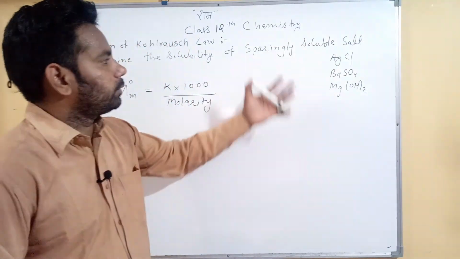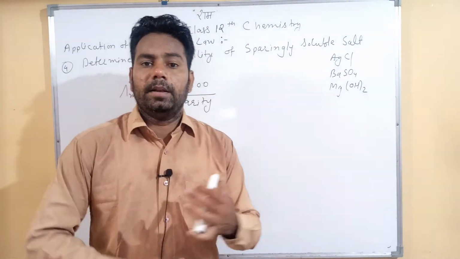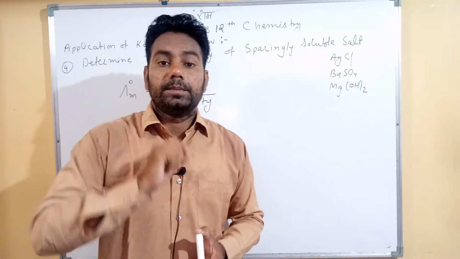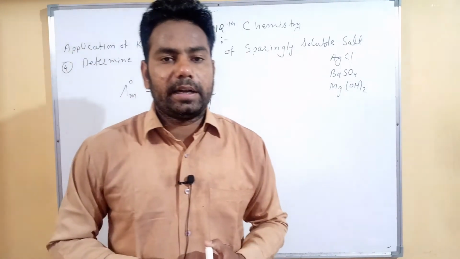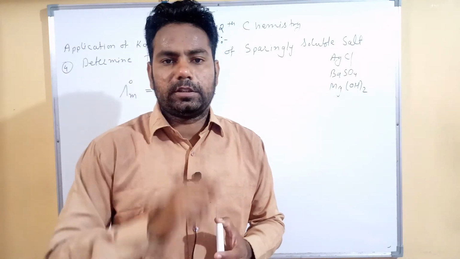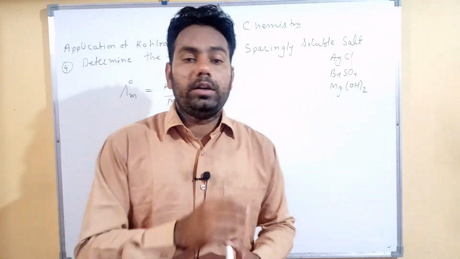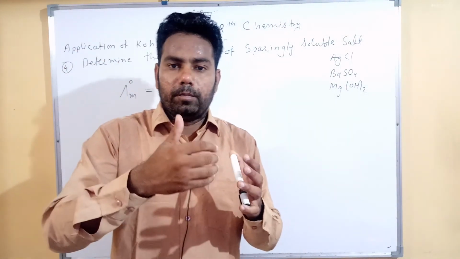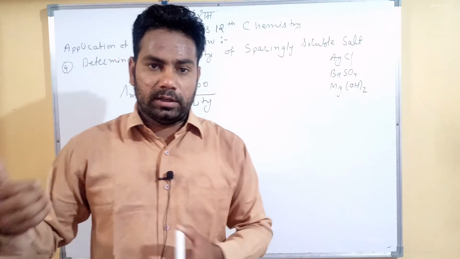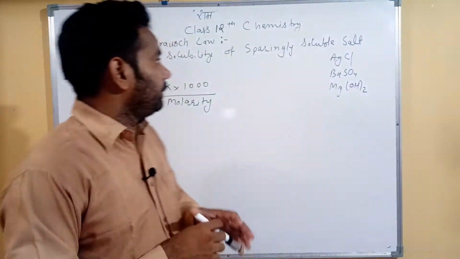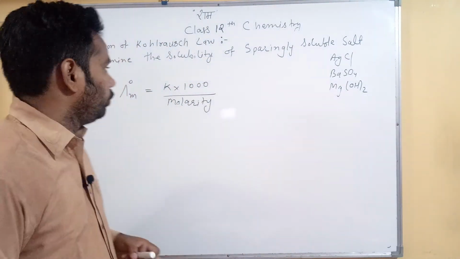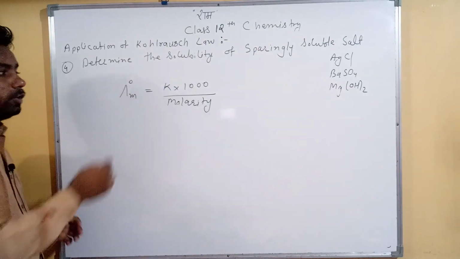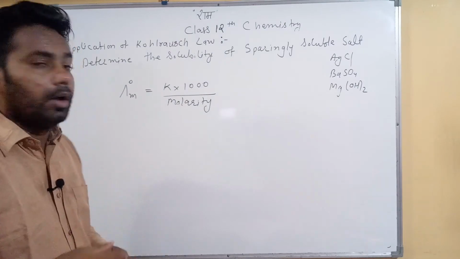Examples are AgCl, BaSO4 and Mg(OH)2. If you want the limiting molar conductivity for weak electrolytes, use the first application. For sparingly soluble salts, use the formula lambda 0m is equal to kappa into 1000 upon molarity.